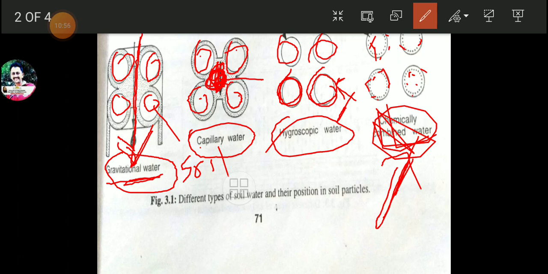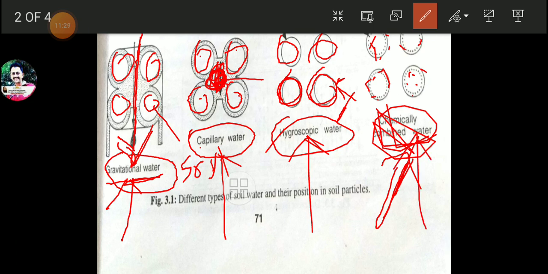The fifth is the running water, the non-available water which after rains flows down through the slopes is called running water. But for your information, there are four types of soil water. First one is gravitational, second capillary, third hygroscopic, fourth chemically bound or crystalline.